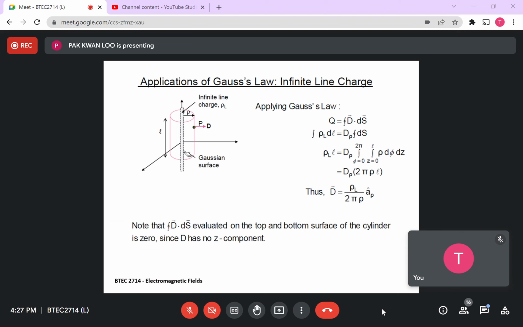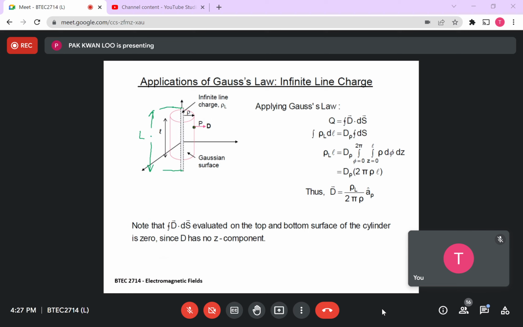The charge distribution is uniform. And now, what about a finite line, not infinite? Say that this is a finite line charge of length, let's say, capital L. Gauss's law fails as well.